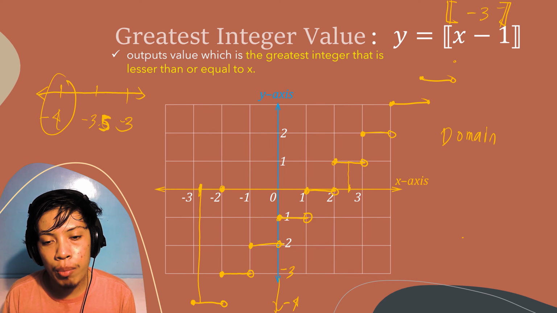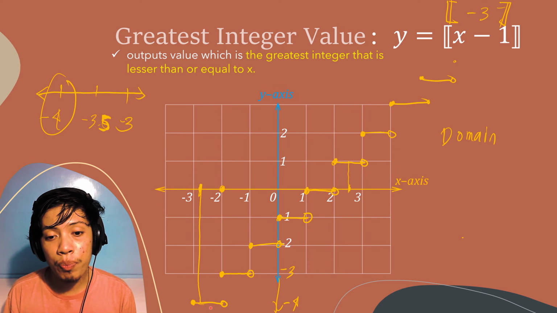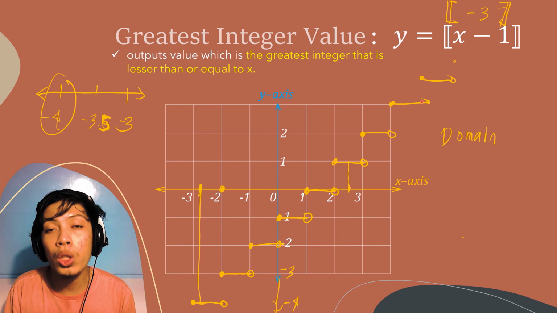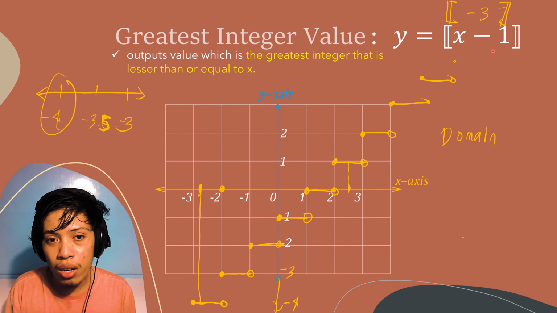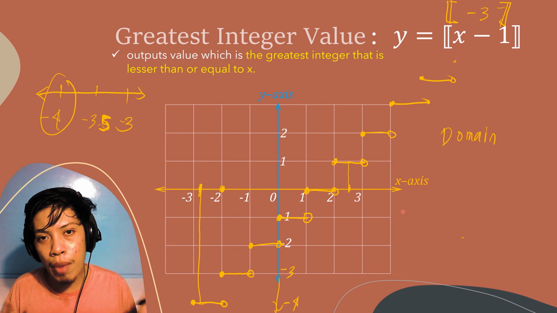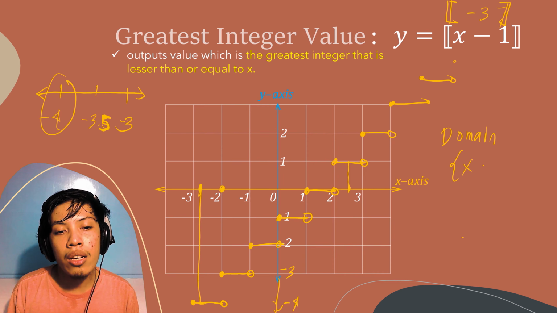Is negative 2 covered by this part of the graph? It's not covered because it is hollow, but it is covered by the other part of the graph. So negative 2 is still covered by the whole graph. When you look at it, the domain is from negative infinity to positive infinity, that is all real numbers. So your domain is x such that x is a real number.